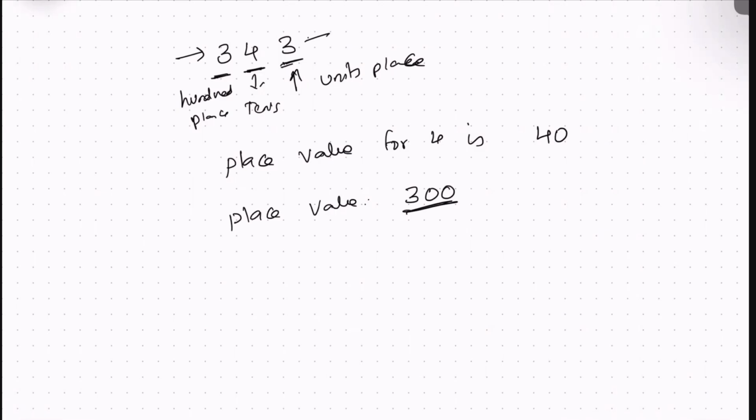So we understood what a digit is, and what digit value and place value are. Let's reiterate what we explored in the last few minutes. The digit value, or face value, is fixed.